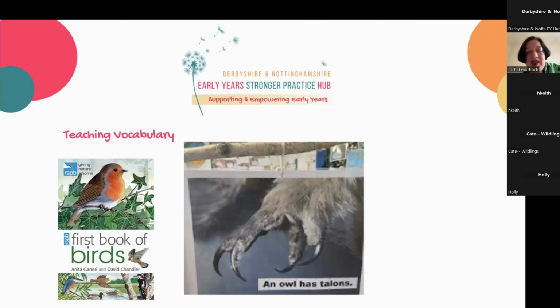And this is an example from a reception class, actually. An owl has talons, and the reason why that really struck a chord with me was I was looking after a school that was in special measures. The year 4 children had limited experiences before. An experience had been arranged for them to have a birds of prey experience.